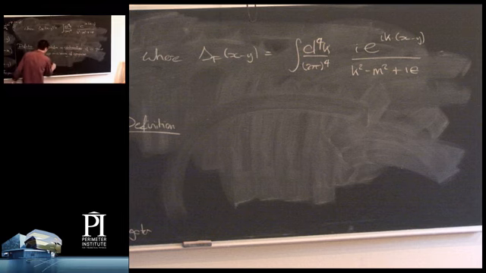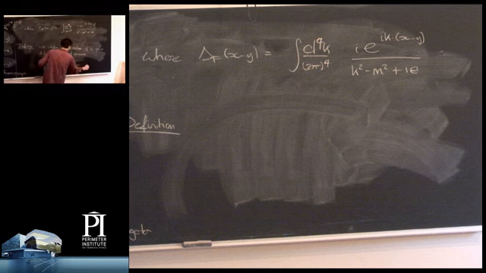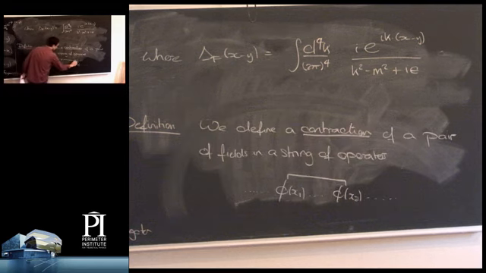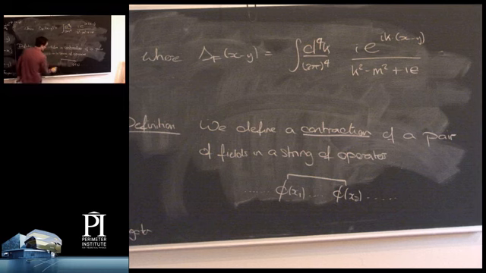Okay, so there's a whole bunch of operators, and somewhere within this string of operators there's two particular guys, and the contraction we write is just putting a bar over the two with little lines coming down to tell us what two we're interested in.